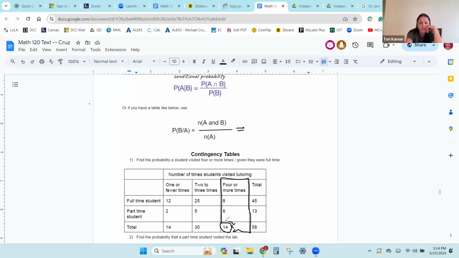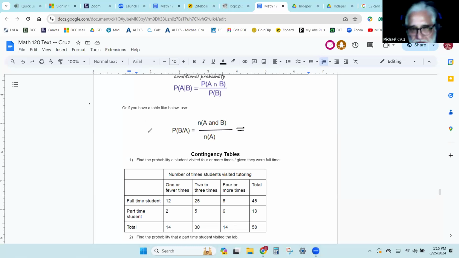I thought it would be 45, no? Oh, I'm sorry. Yeah, I'm looking at the wrong stuff. You're right, I'm looking at full-time going across. 45. That's the total. I said it and I did something else.